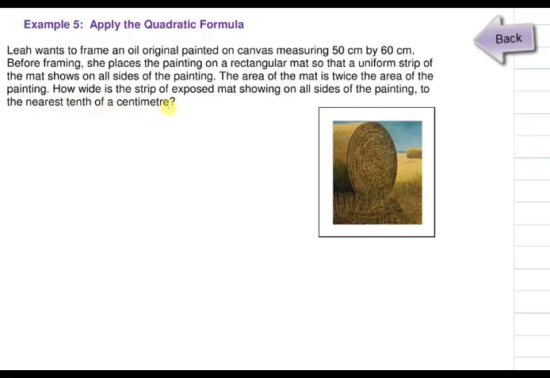How wide is the strip of exposed mat showing on all sides of the painting to the nearest tenth of a centimeter? Okay, so first of all, the original width of your painting is 50 centimeters and the original length is 60 centimeters.